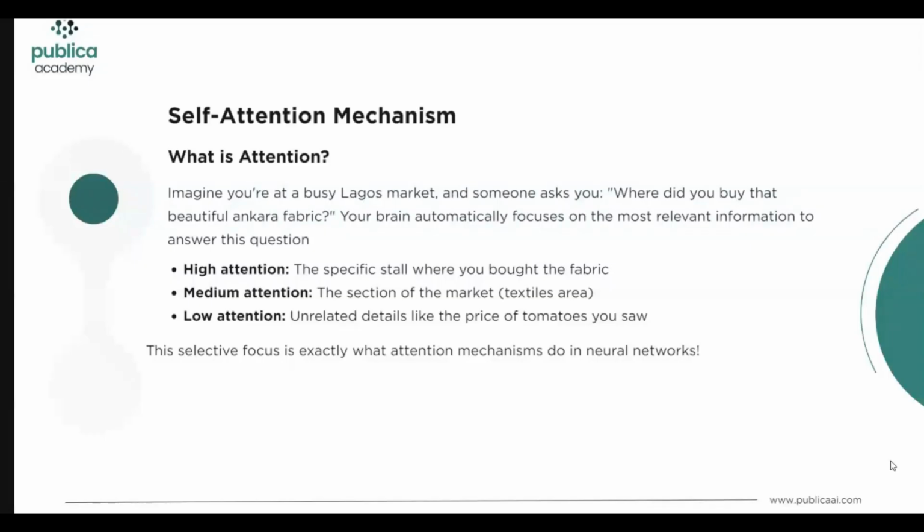We have medium attention, the section of the market, I mean the textile area where they sell clothes. Then you have low attention, unrelated details like the price of tomato you saw. This selective focus is exactly what attention mechanisms do in a neural network. You see, this is more detailed, right? Do we get the gist? Are we sure?